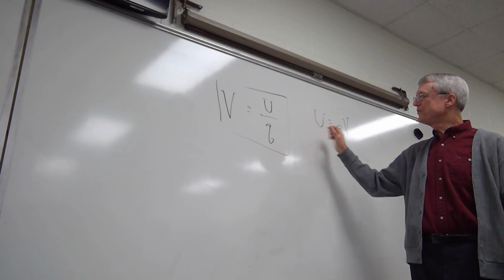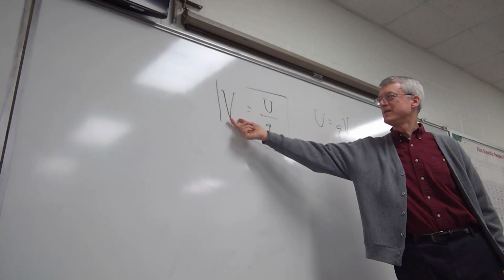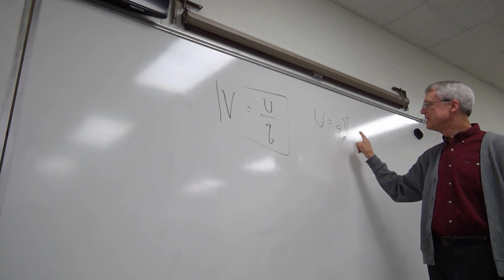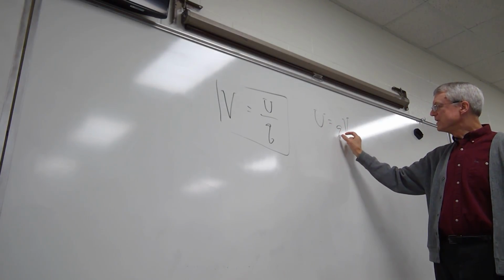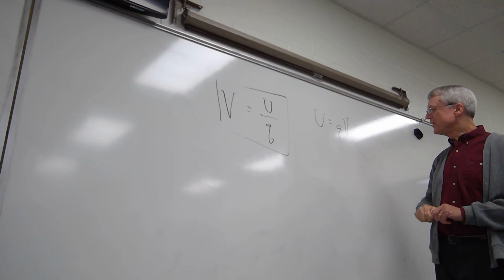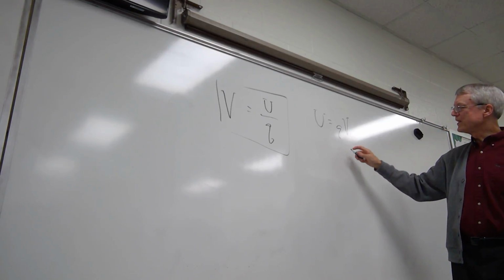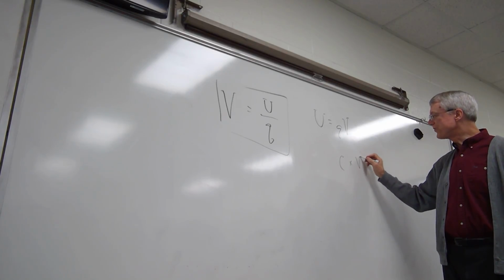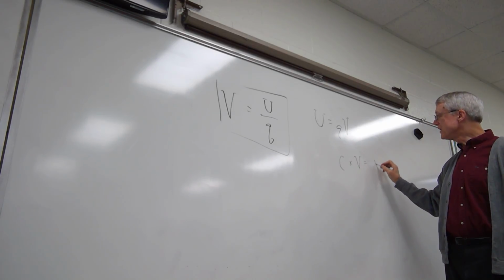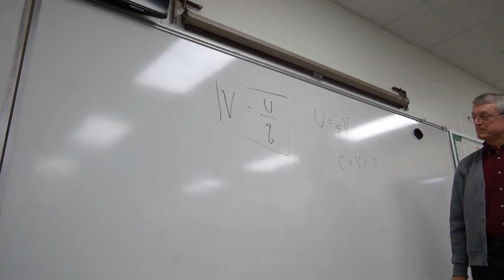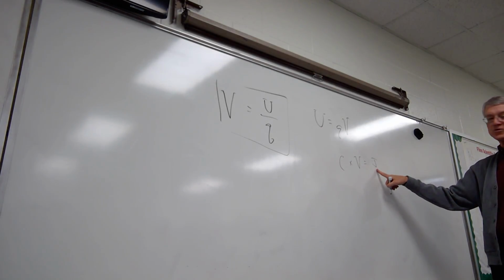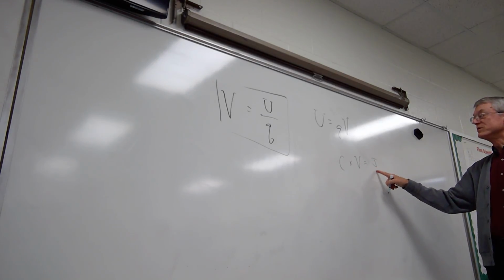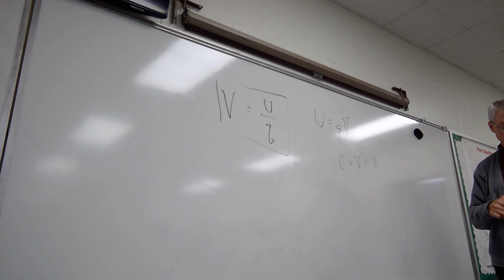So this is really a definition for V, but you'll see it written this way on the equation sheet, I think. Potential energy is QV. So it's important to note that if you multiply coulombs, that's Q, times volts, that's V, you will get joules. See, that's energy. Coulomb times a volt is a joule. 1 coulomb times 1 volt is 1 joule. So those units all work. They're SI units that all work.